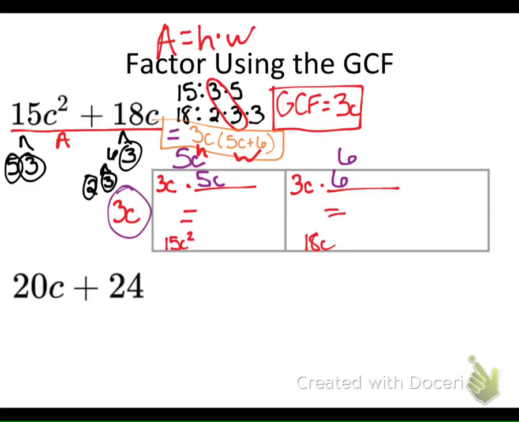So for this bottom one, let's finish this up strong. I have 20C plus 24. Those are not in parentheses, so what does that mean that those are? Joey? Is it our area, our height, or our width? Area, yep. All right, if I have two areas, how many rectangles am I going to have in my model? 2, right?